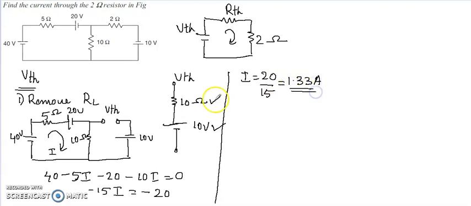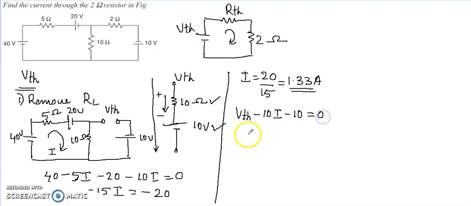So now we have got the current through the 10 ohm and it is flowing downwards. So we can mark the direction of the current like this, plus, minus. 1.33 ampere is flowing downwards. So we can take the path from VTH downwards. VTH minus 10I minus 10 is equal to 0.